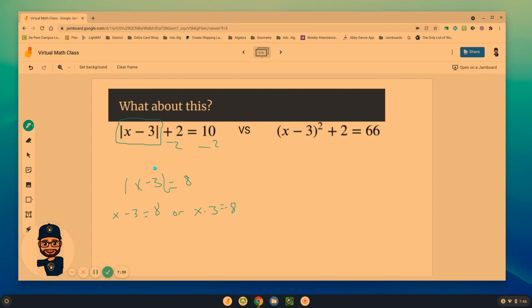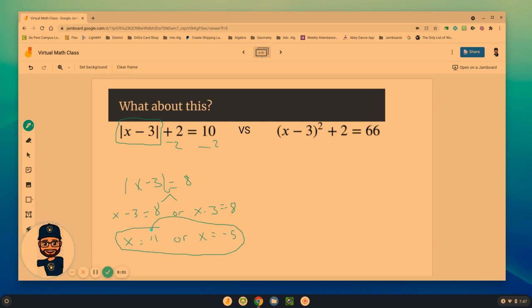Remember, if I had just the absolute value of y equals 8, we get those two answers. And so we branch it off twice, and we solve each one by adding 3. We could say x equals 11, or if I add 3 to the other side, x equals negative 5. So that's the absolute value solutions.